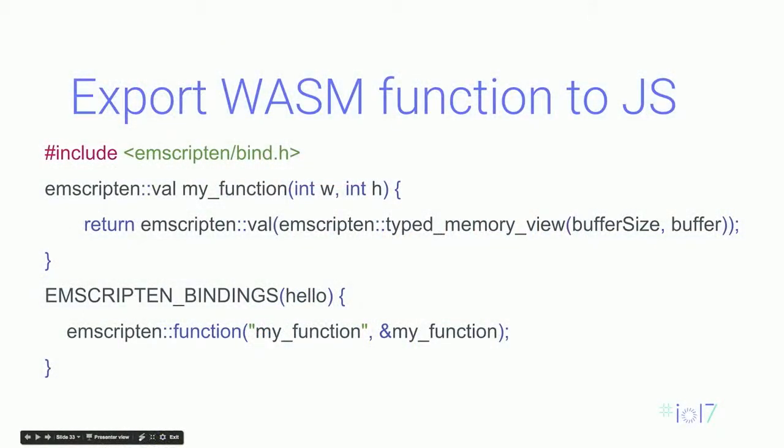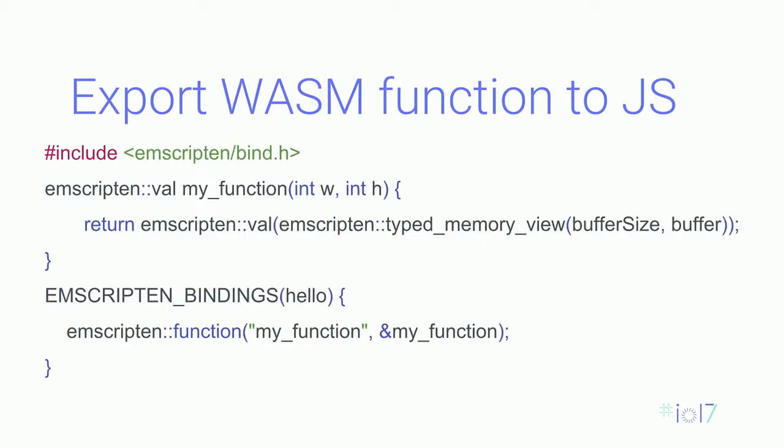So here is what you put inside your C++ code, something like this. If you want to pass data in and out, you can use a thing called embind. In this case, we're exporting a function called myFunction. And from that function, we're returning a typed memory view. And so to JavaScript, that will look like a typed array. Now, the beauty of this is that when you pass the memory from C++ back into JavaScript land, there's no copying.